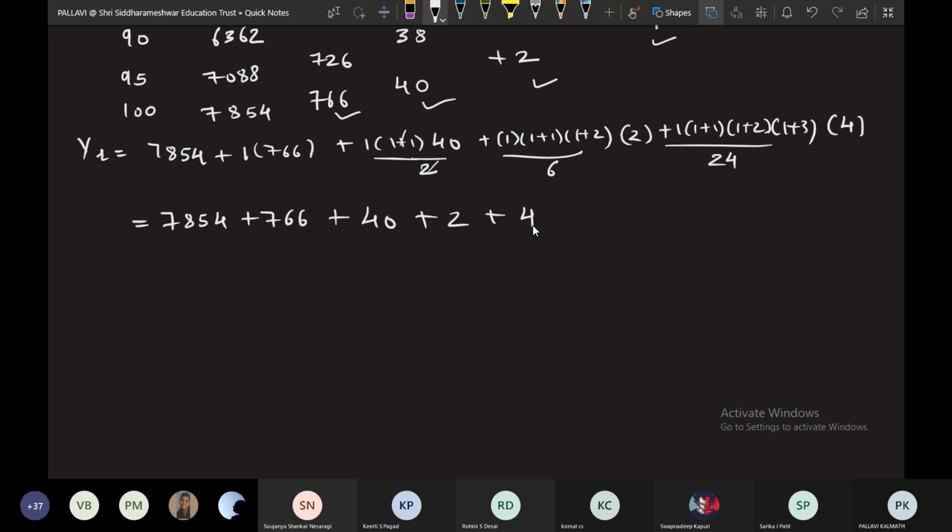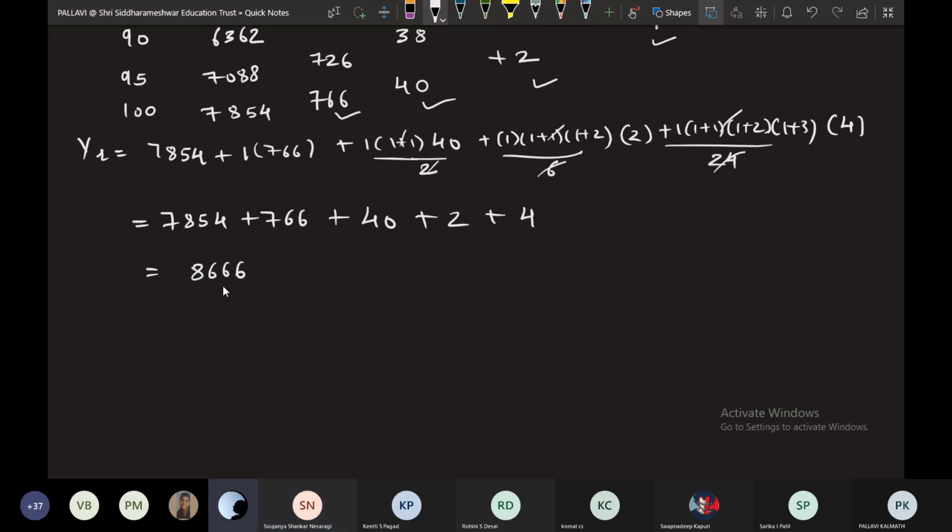Similarly, you will get 4 because 3 plus 1 is 4; 4, 3, 2 is again 24, and these will get cancelled. When you simplify, what is your final answer? Are you all getting the sum as 866?